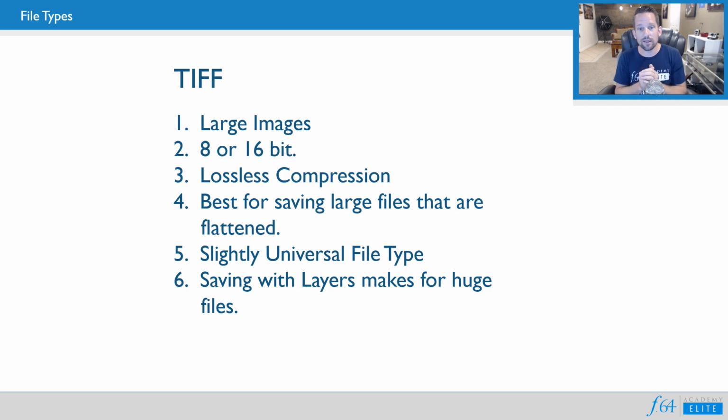Remember I said at the beginning of this, there was an individual that I met that saved all of their layered documents as TIFFs. Well, that could be the difference between a 500 megabyte PSD file and a 1200 megabyte TIFF file, or 1.2 gigabyte TIFF file. Really, they can get huge.